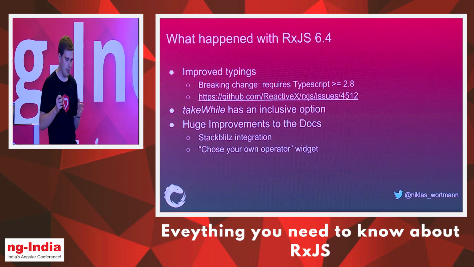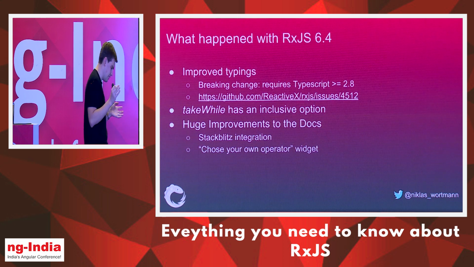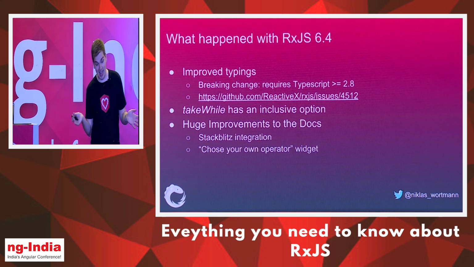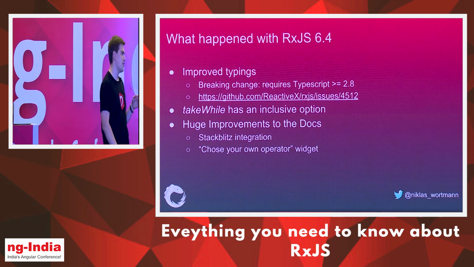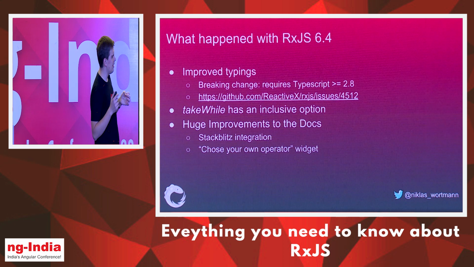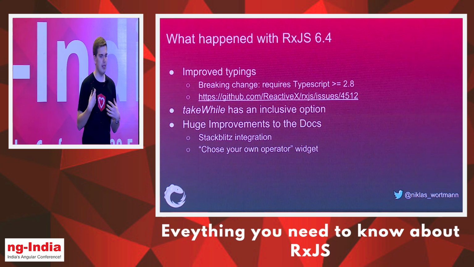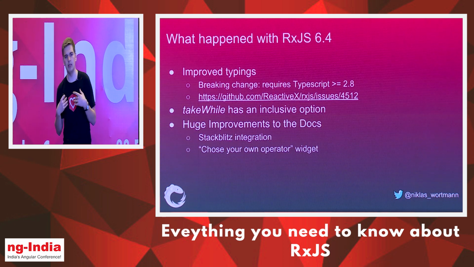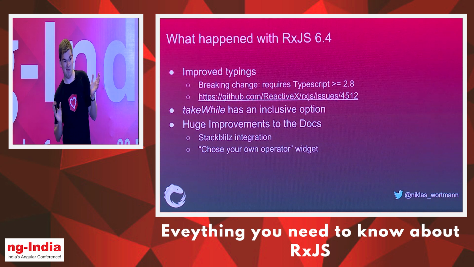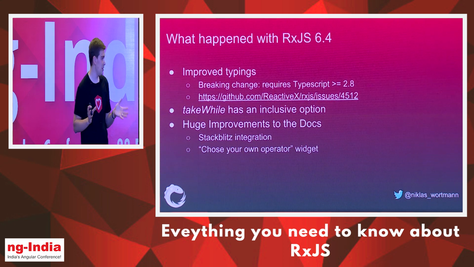RxJS 6.4 was intentionally planned to just have improved typings, and it has, but it also has a breaking change, which is very unfortunate. The breaking change is unintended because internally we built upon TypeScript 2.8 for a year, roughly, but we didn't promote that.